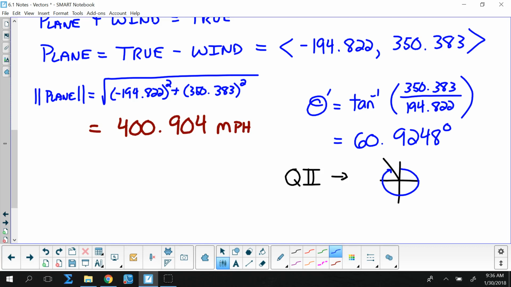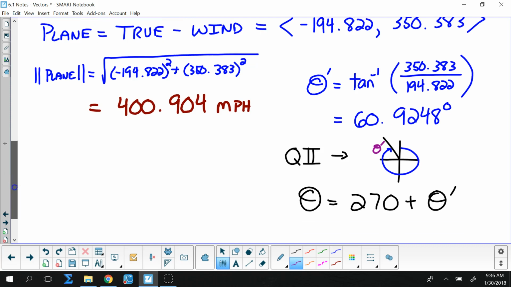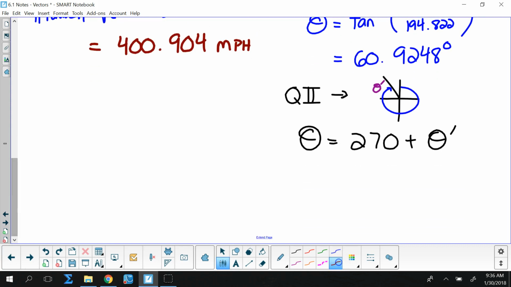So my bearing then, my actual theta, is going to equal 270 plus my reference angle. Okay? Because my reference angle would be there. Okay? So that is going to give me a bearing angle of 330.925 degrees.